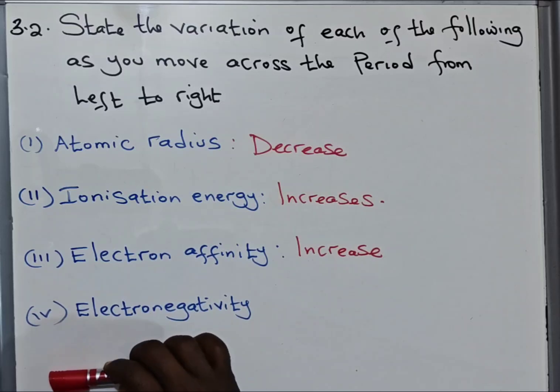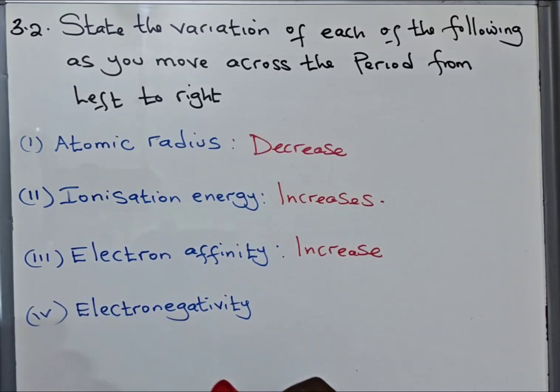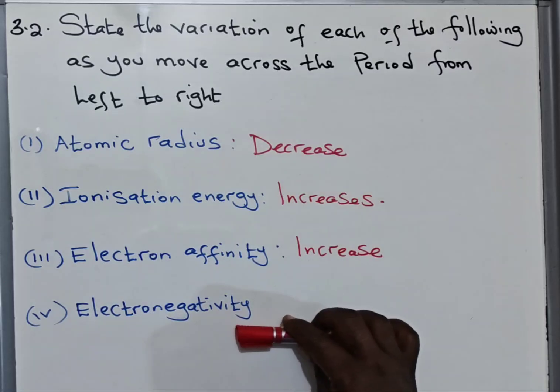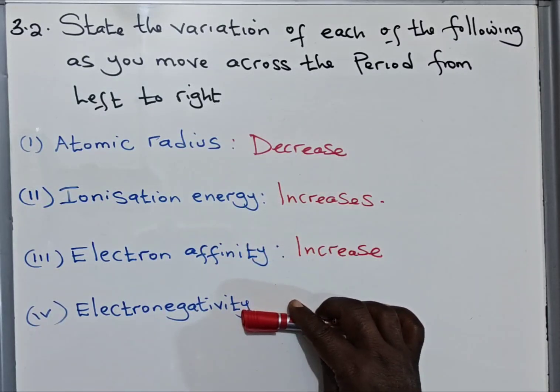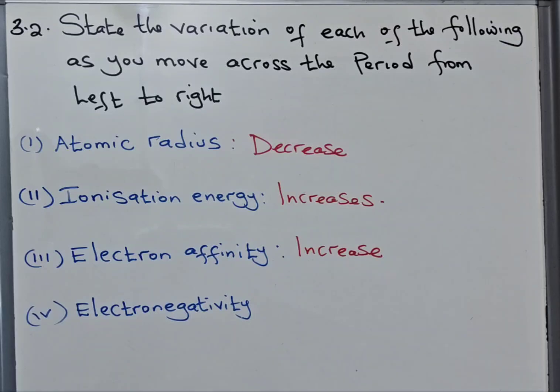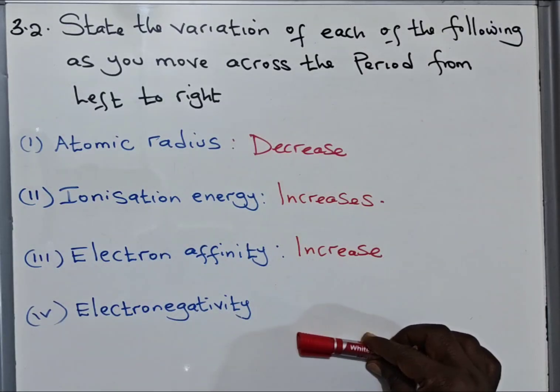Then we come to electronegativity. Like we said, there is a close relationship between these two. Both simply mean love for electrons, only that this one occurs inside the bond.